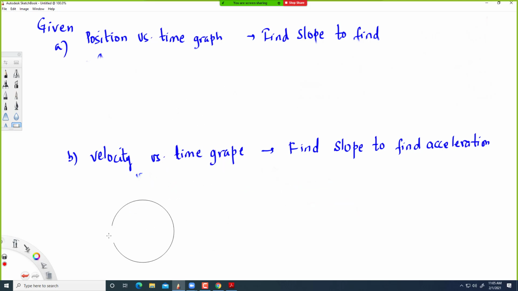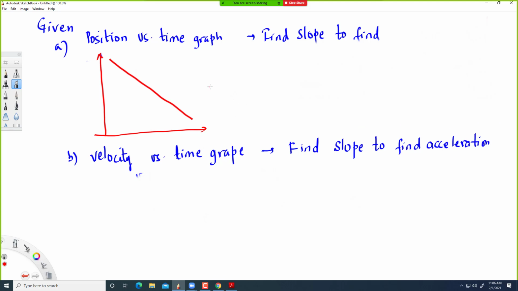We saw the increasing steepness, but sometimes the steepness may be decreasing. Let's see the case where the steepness is decreasing. If you see a graph like this, that's the decreasing steepness.